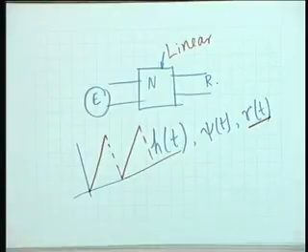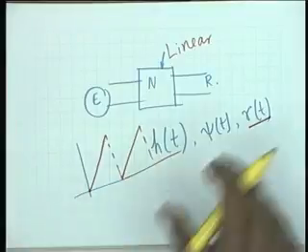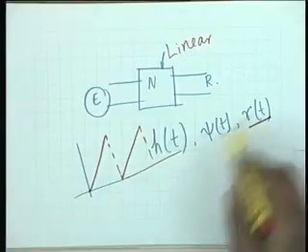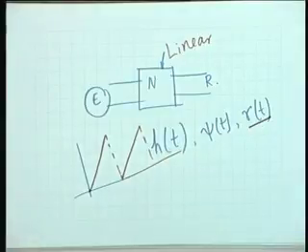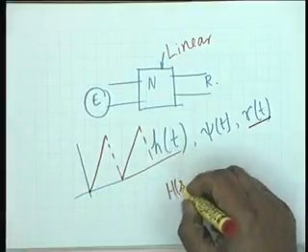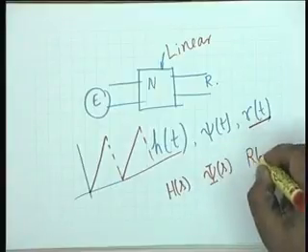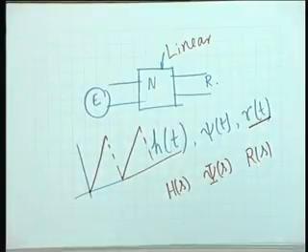An equally valid description of the network would be in the frequency domain. That is, if you take the Laplace transform of h of t, psi of t, or r of t, that is a function h of s or capital psi of s or capital R of s, this will be an equally good description.